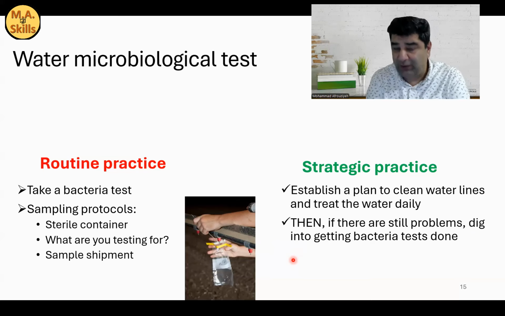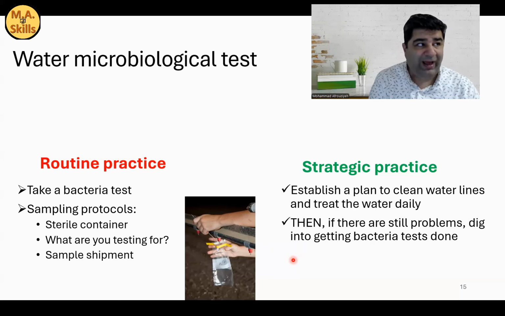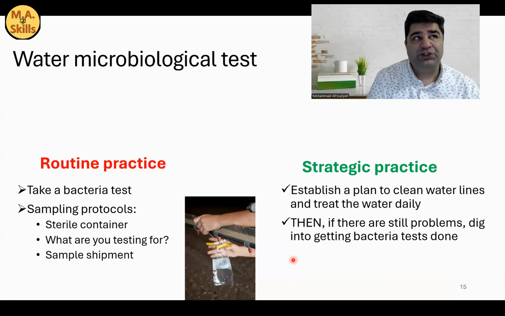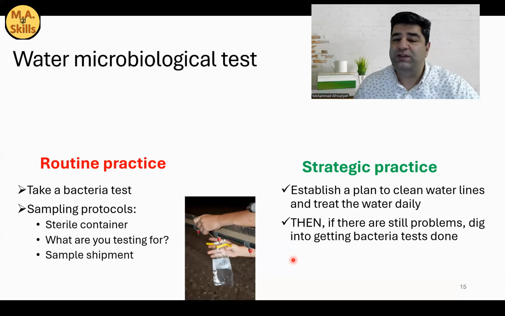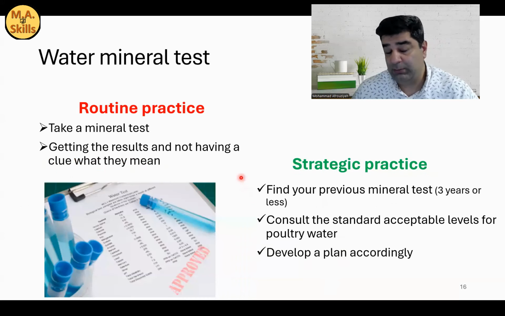So, first of all, before doing any microbiological test, you need to have a daily water treatment system. And then if you see any problem, you are going to send out your water sample to a lab for water microbiological test.